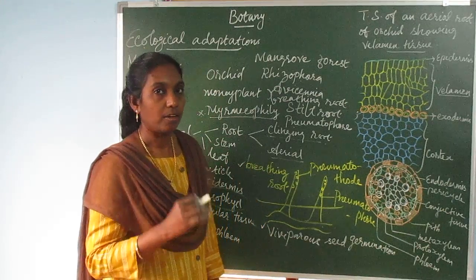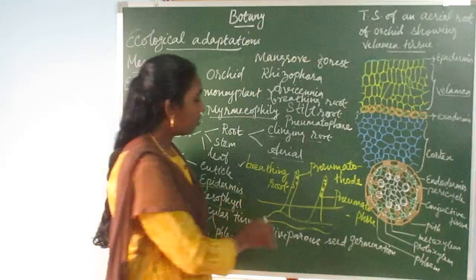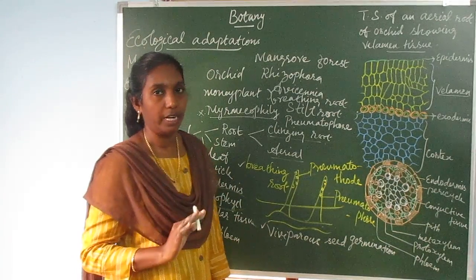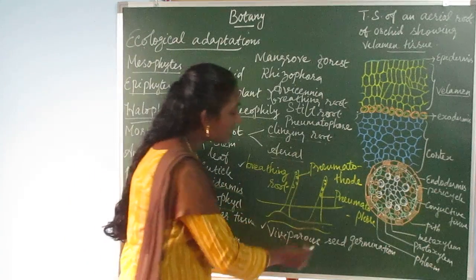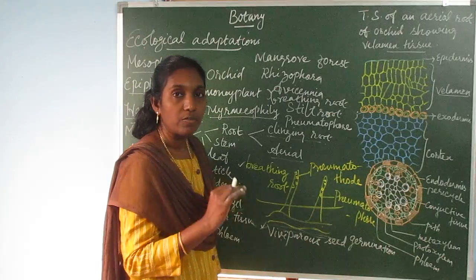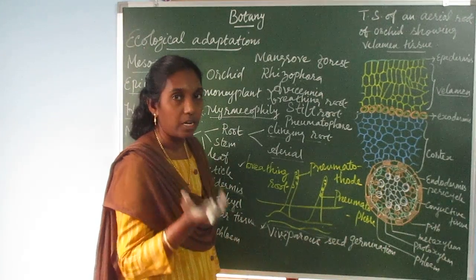In viviparous seed germination, the seed germinates inside the fruit. Because when the seed falls in the mud, which is salty and has very poor aeration, the seed may not germinate.